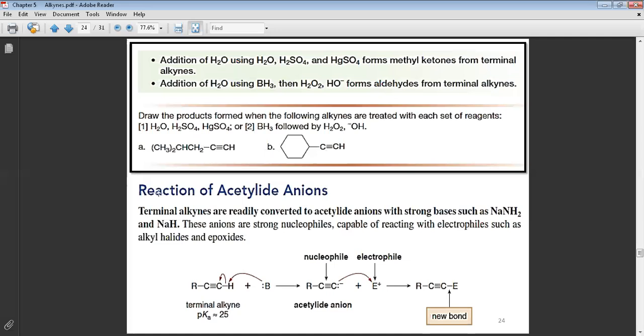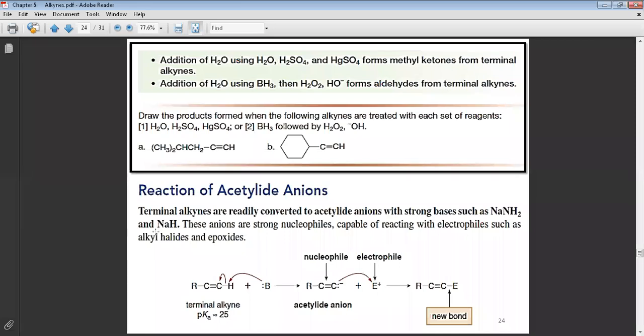Now the reaction, we talk about the acetylide anion. At the first of this lecture, we said the terminal alkyne is acidic and can react with a base to give you the acetylide anion, and then the acetylide anion acts as a nucleophile to attack an electrophile. You know that.